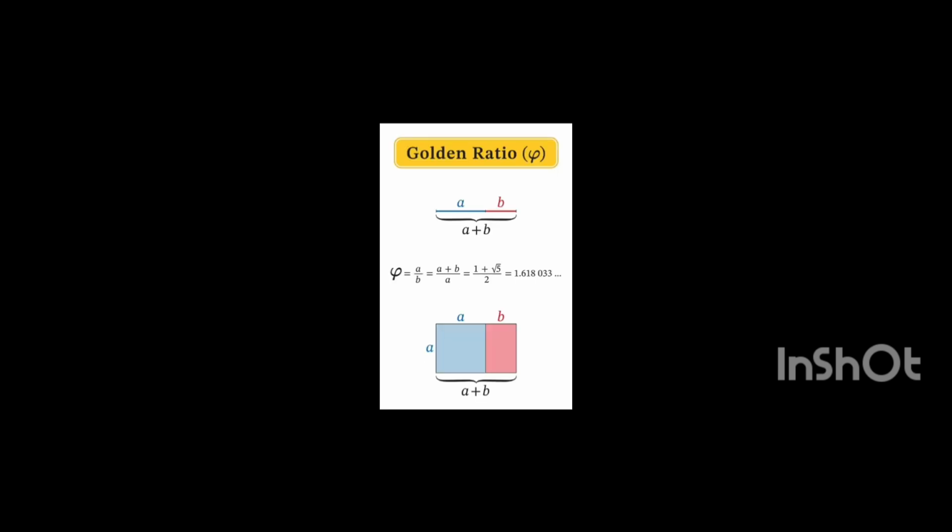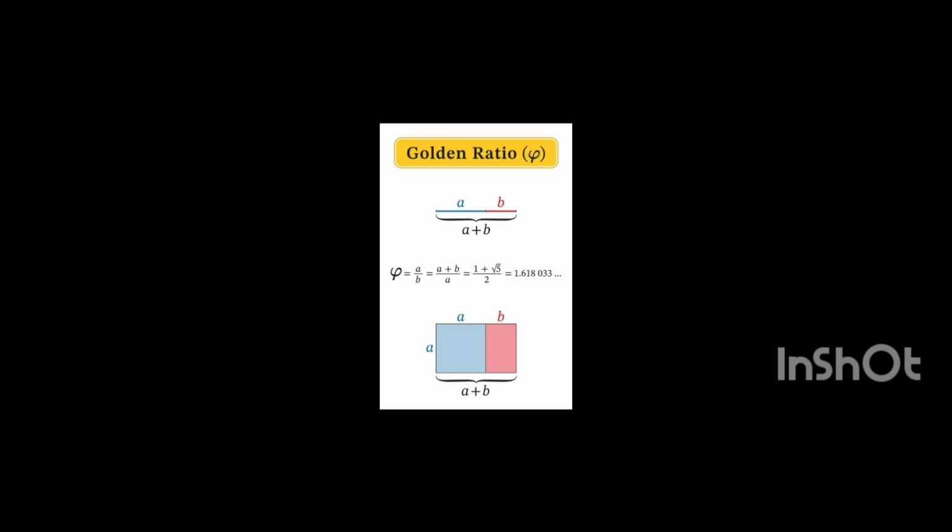As we have discussed before, this is a fundamental axiom, so let's quickly revise it. Here is the line segment divided into two asymmetrical parts. One is A, the longer part, and the other is B, the shorter segment. So the whole length of the line would be a plus b.